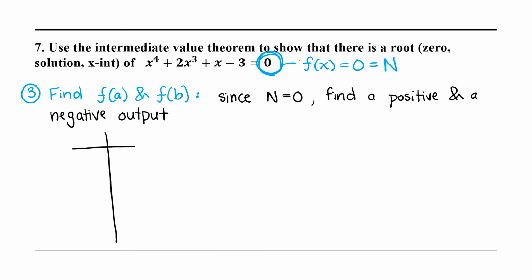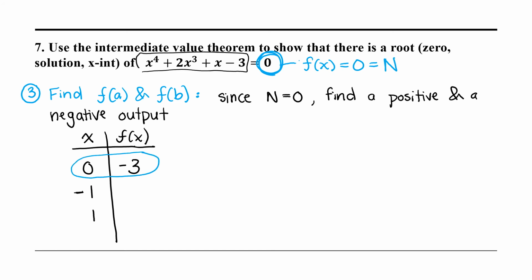What I like to do is just create a quick table. And when in doubt, some good guesses are 0, -1, and 1 for polynomial functions. So if we input 0 into this x to the 4th power plus 2x cubed plus x minus 3, we're going to get -3, which is going to be our negative output.